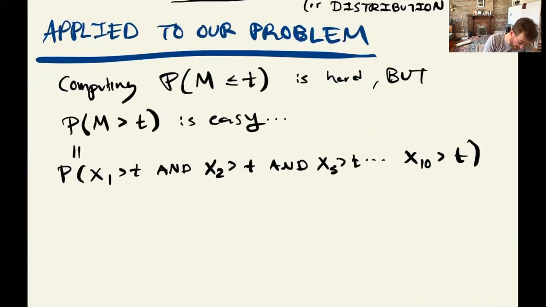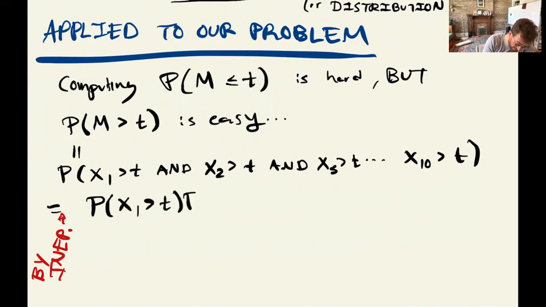Now, again, by independence, I can say that this is the same thing as the probability of x1 being greater than t times the probability of x2 being greater than t, all the way up through the probability of x10 being greater than t.